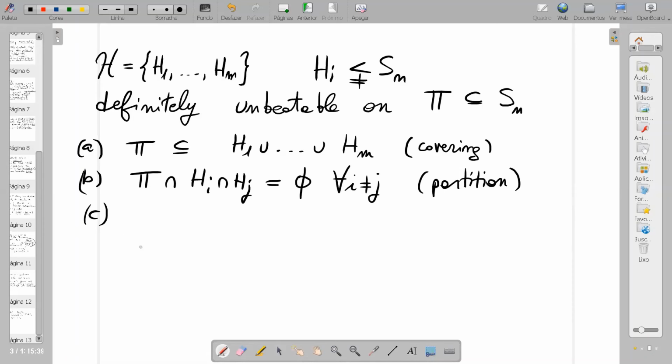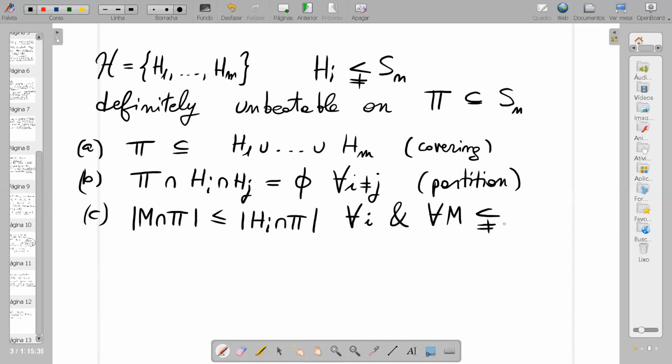And C, which is maybe the most important, is that if you intersect M with pi, the size of it will be at most the size of Hi intersection pi, for every i, and for every M subgroup of Sn that does not belong to H. So the third condition is the most critical.